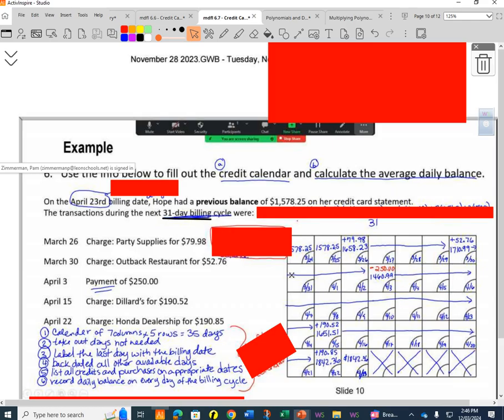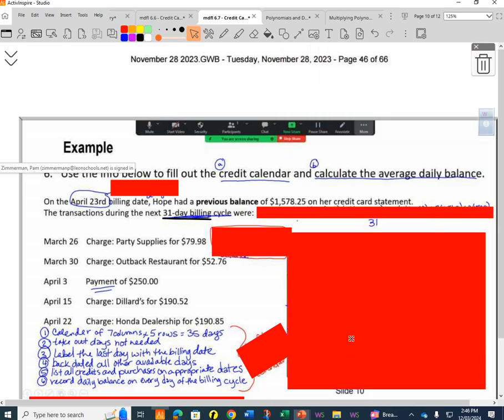So this looks like 1, 2, 3, 4, 5, 6, 7, 1, 2, 3, 4, 5. So it's a table of 35 boxes. If you go through it, it tells us that the last day of the cycle is April 20, the billing date is the 23rd. So that means everything on this calendar is going to happen on the 23rd or before, and we know it's a 31-day billing cycle.